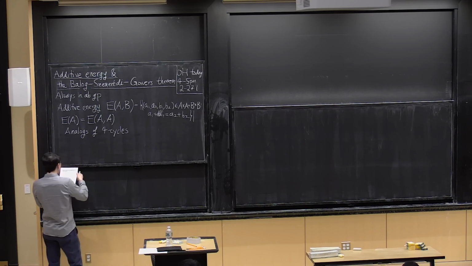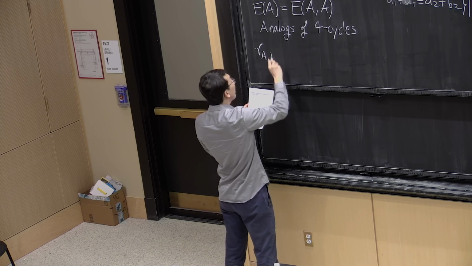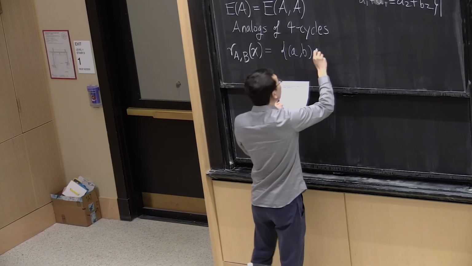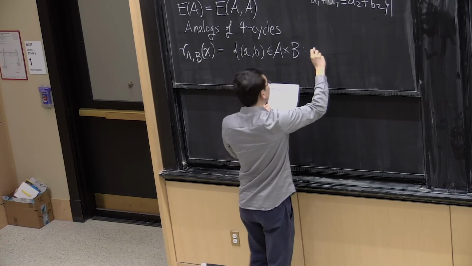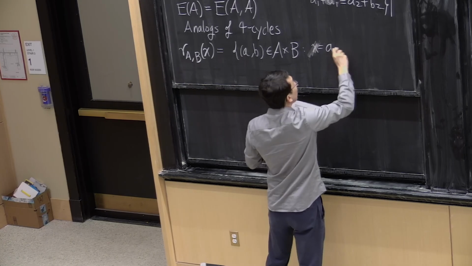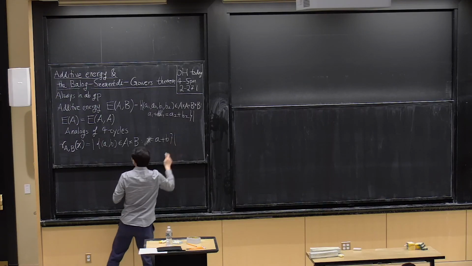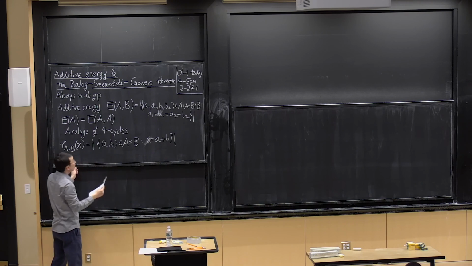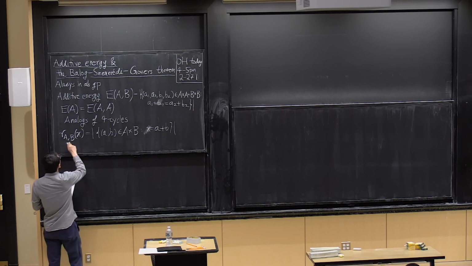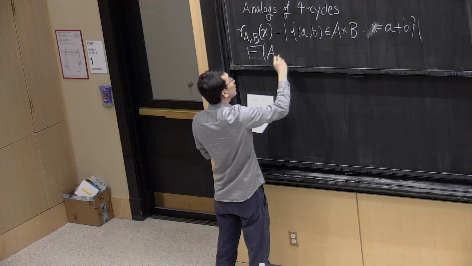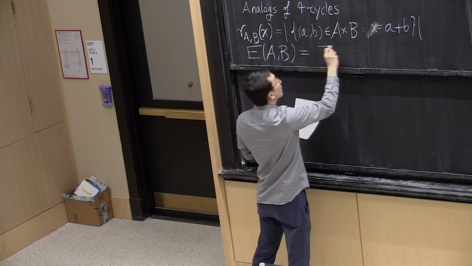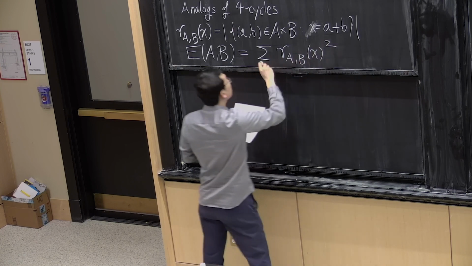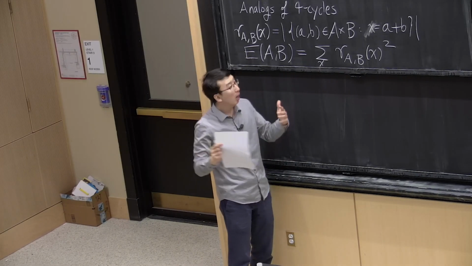Okay. Consider the following quantity. We're going to let r sub A,B of x be the number of ways to write x as a plus b, where a comes from big A, little b comes from big B. Then, reinterpreting the formula up there, we see that the additive energy between two sets A and B is simply the sum of the squares of r sub A,B of x, as x ranges over all elements of the group.